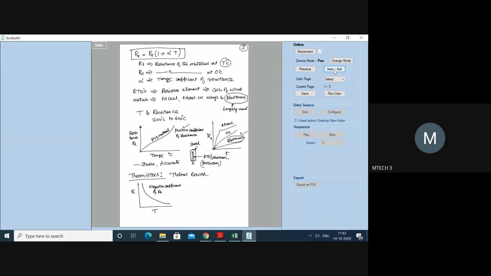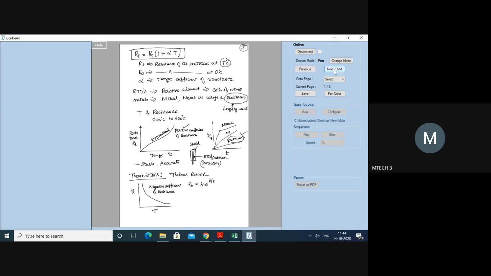So just remember this: positive coefficient of resistance for the RTD, and this is negative coefficient of resistance. Now the equation of this is RT equal to K into e to the power of B divided by T. You can observe the value of RT is exponentially reducing.